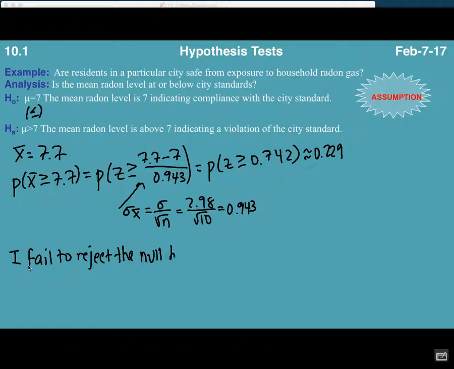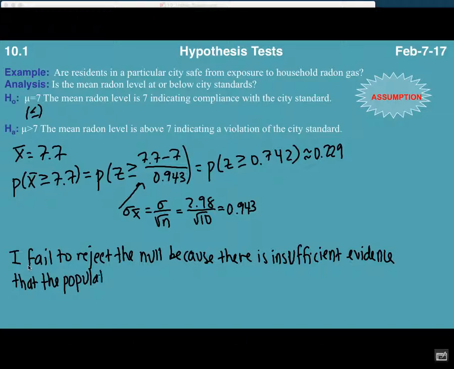So I fail to reject the null because there is insufficient evidence that the population mean radon level is above 7 parts per million.